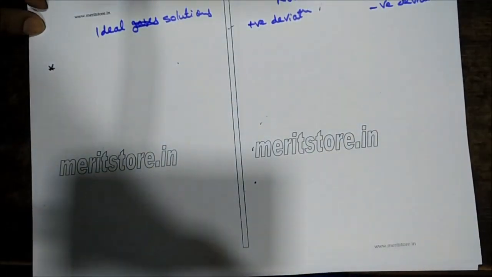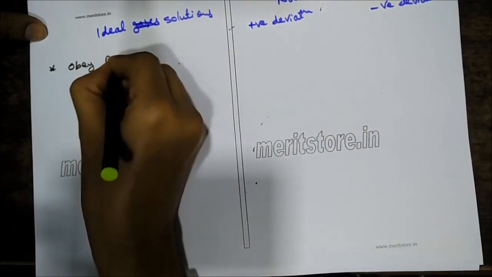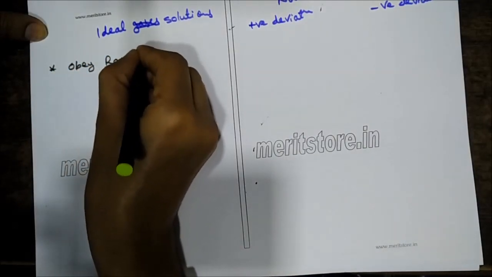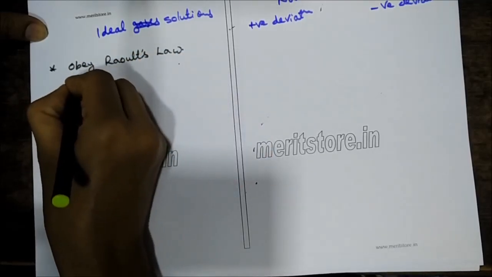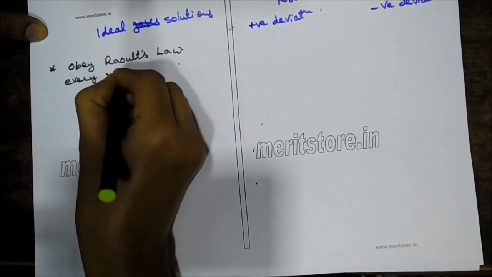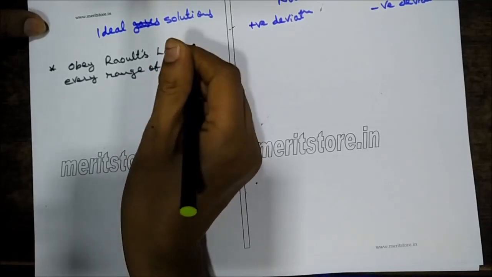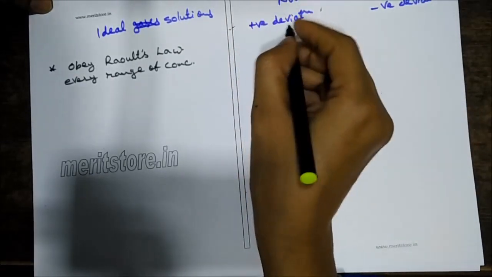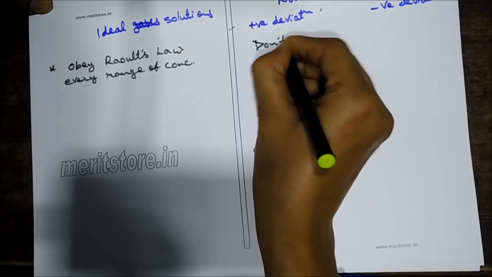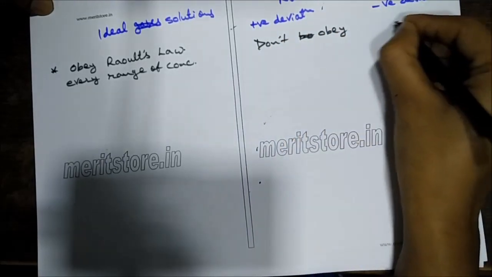For ideal solutions, they obey the Raoult's law at every range of concentration, while non-ideal solutions with positive deviation and negative deviation will not obey the Raoult's law.